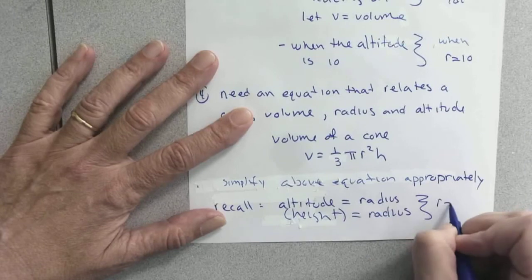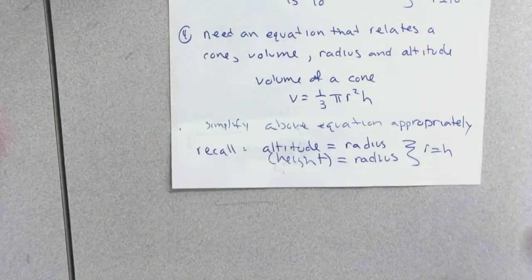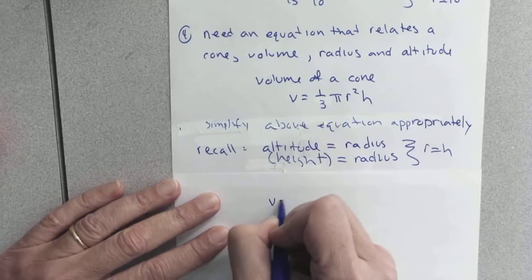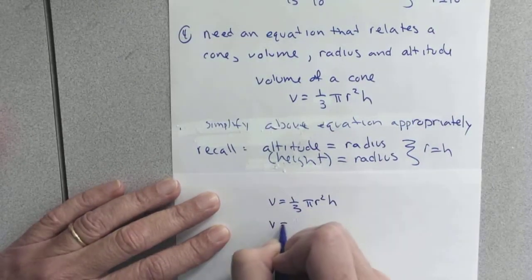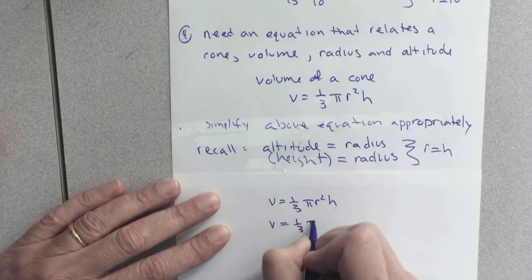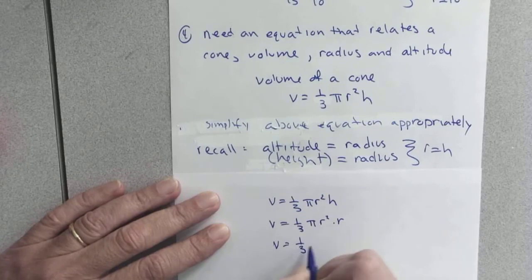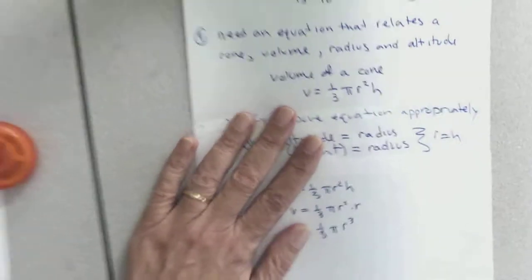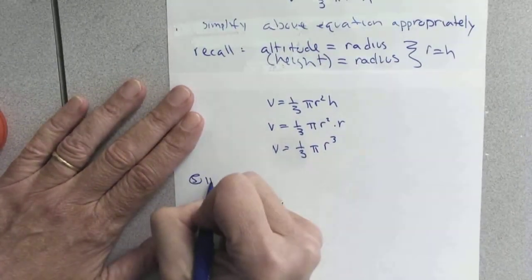So we have that r equals h. So adjusting our formula, we have volume equals 1/3 pi r squared h. That becomes 1/3 pi r squared r, which is volume equals 1/3 pi r cubed. And now we are ready for step 5.